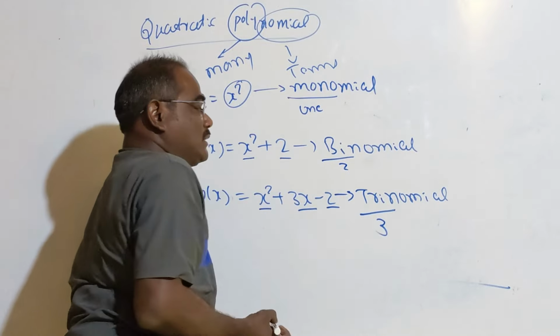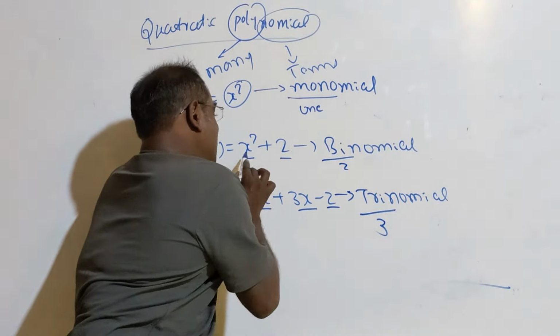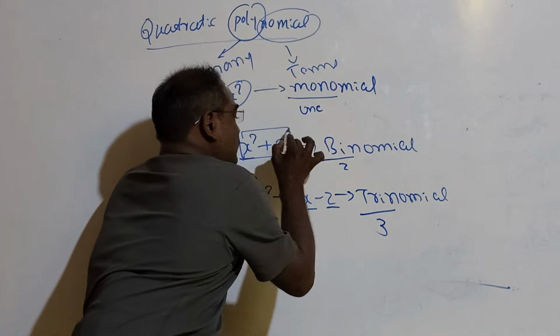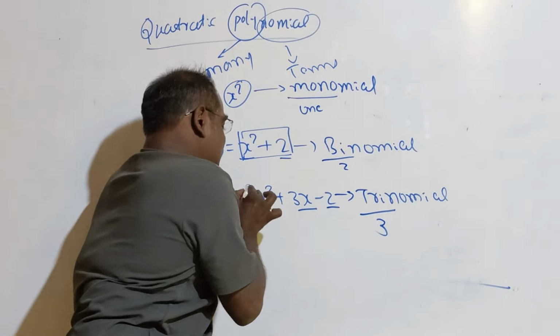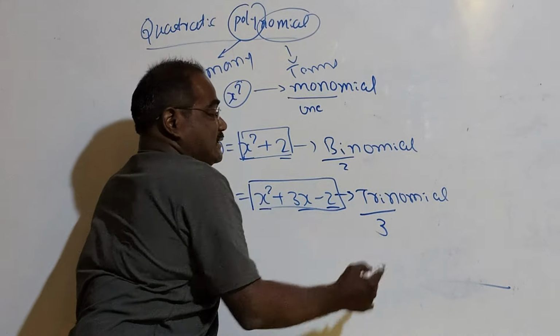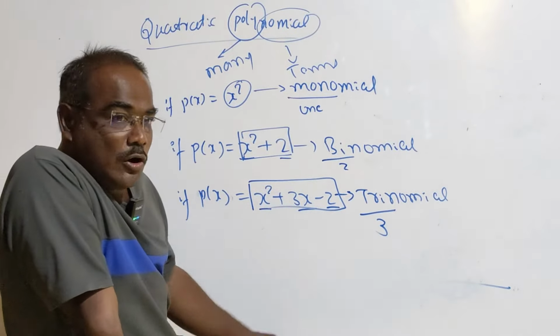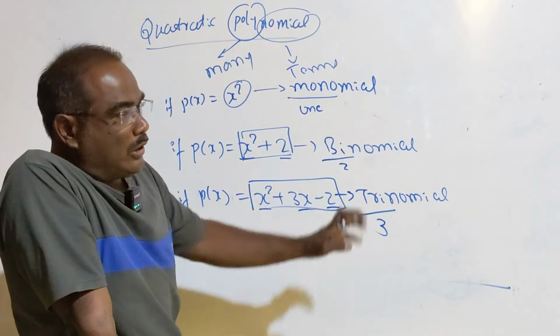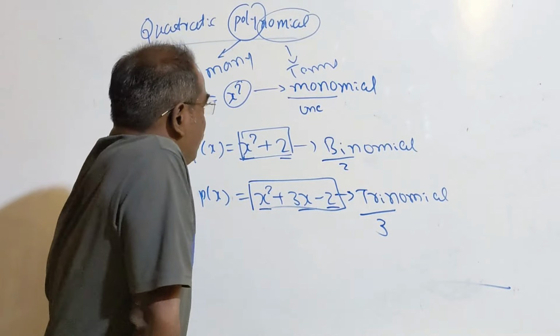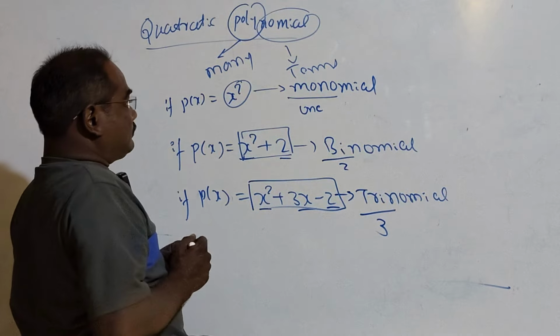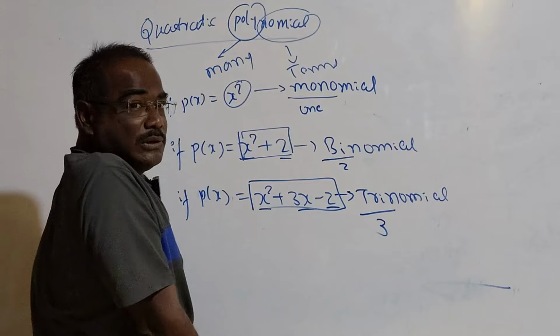Tri means three. An expression having two terms is binomial. If it has three terms, it is called trinomial. After trinomial, we call them polynomial only. So far, whatever we discussed, you understood, I believe.